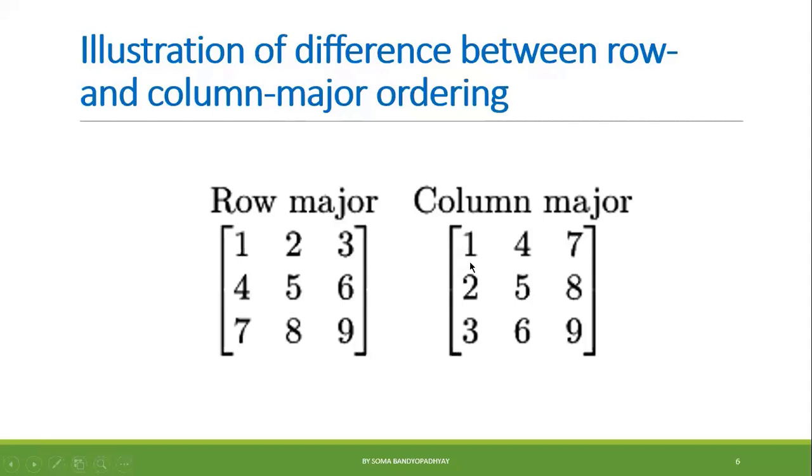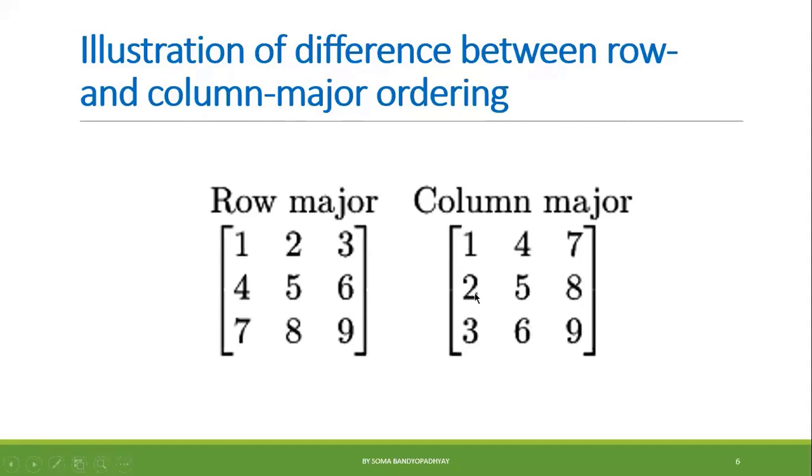When we store the elements in column major order, the elements of the 0th column are stored first. Then the elements of the first column will be stored. Then the elements of the second column will be stored. So how will the elements be stored?